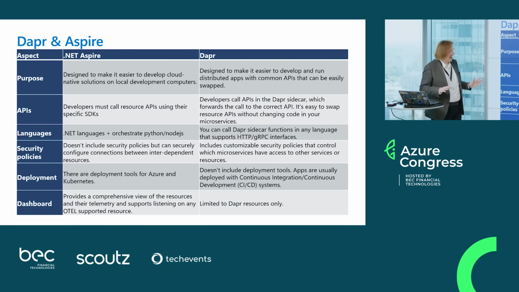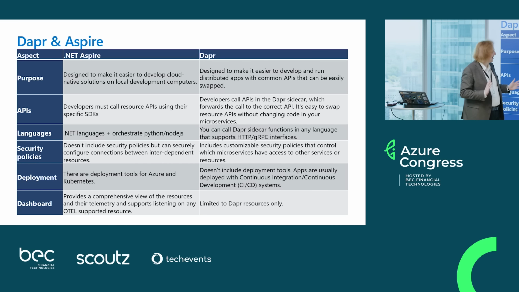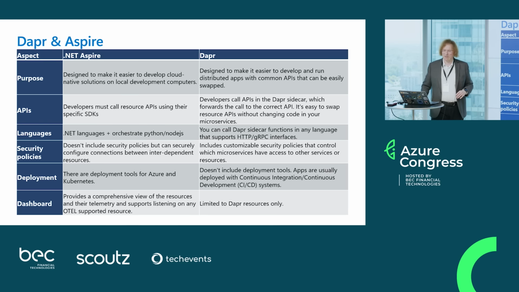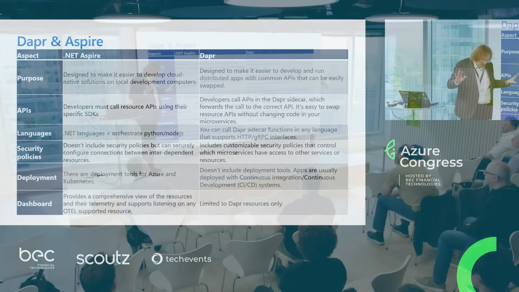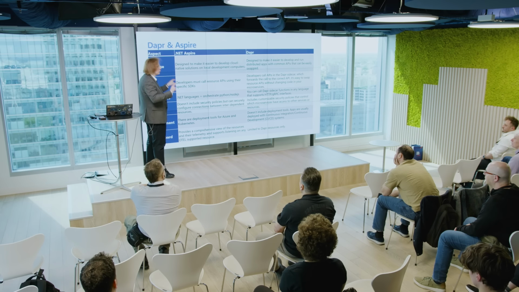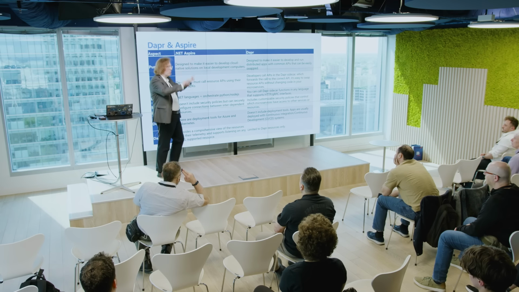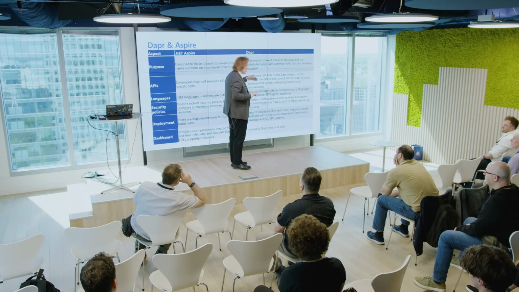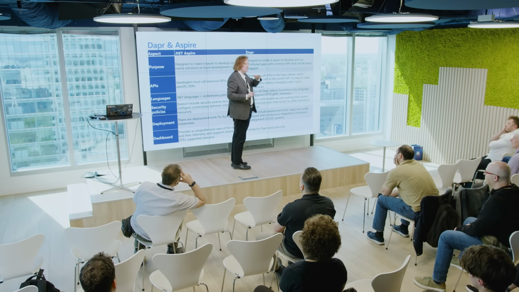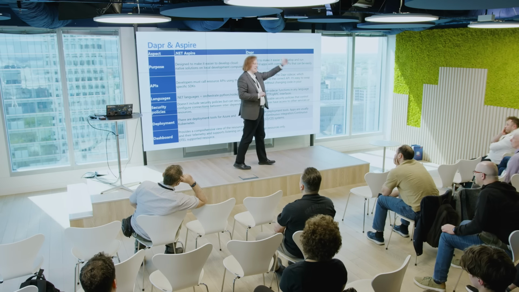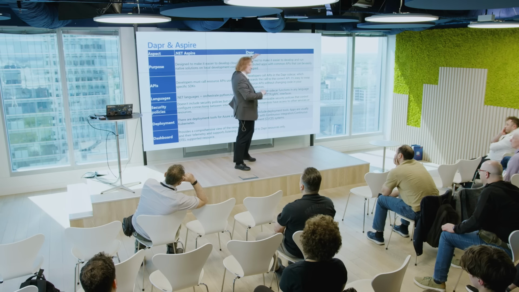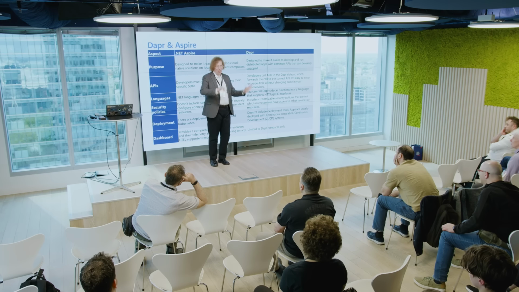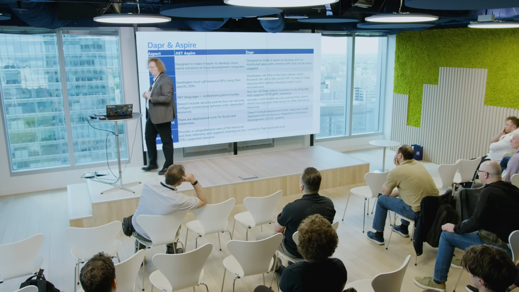So in general, if I would like to compare Dapr to Aspire, it's a wrong comparison, but it will tell you a little bit about the different purposes. .NET Aspire is purely .NET, and it's focused on giving you the blueprint for how to build the solution. Dapr is like making the grass more green. Let's add something which will solve certain areas of the challenges, and then our solution will be better.